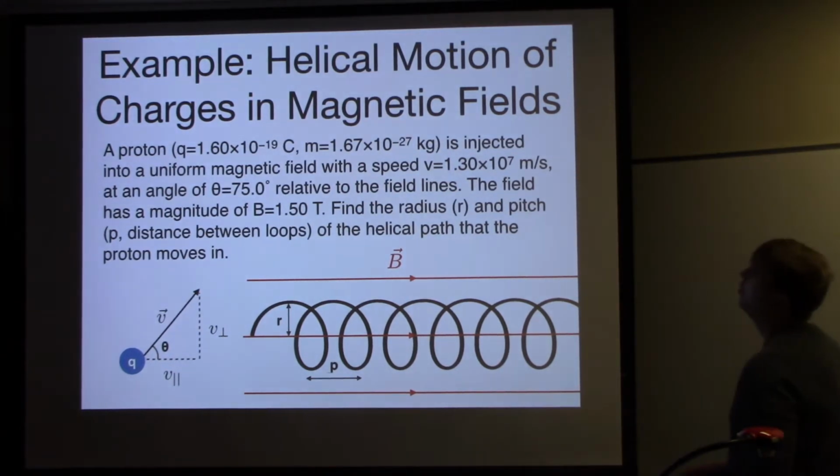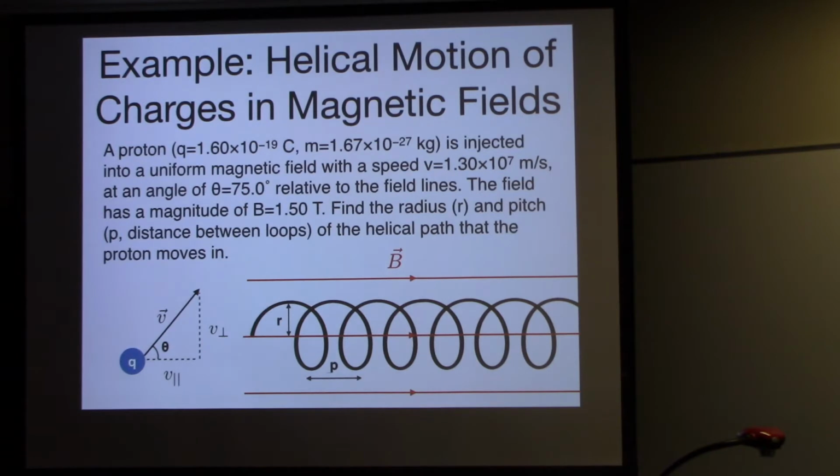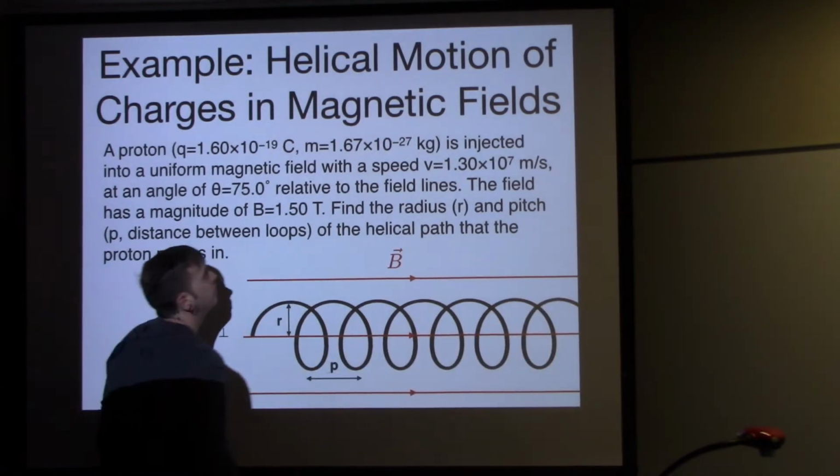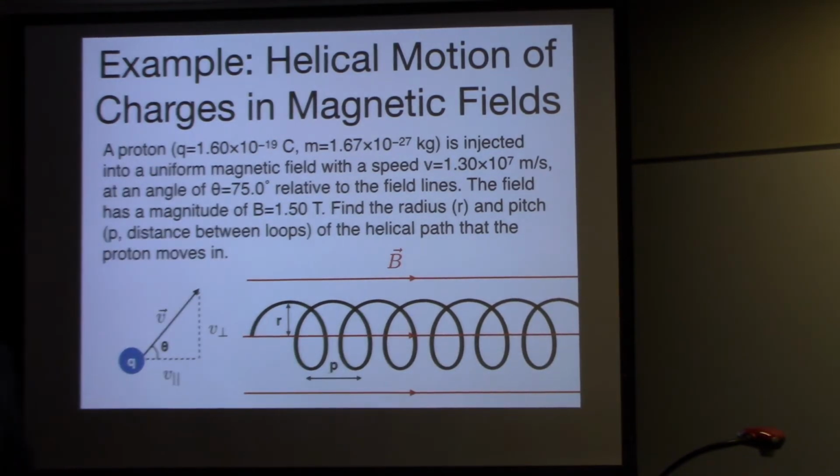We have a proton whose charge is 1.6 × 10^-19 coulombs, and whose mass is 1.67 × 10^-27 kilograms. We're going to inject this into a uniform magnetic field with a speed of 1.3 × 10^7 meters per second, at an angle of 75 degrees relative to the B field lines.